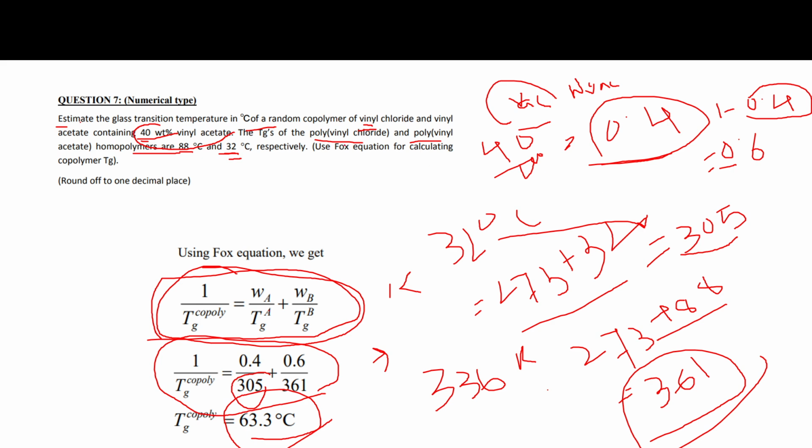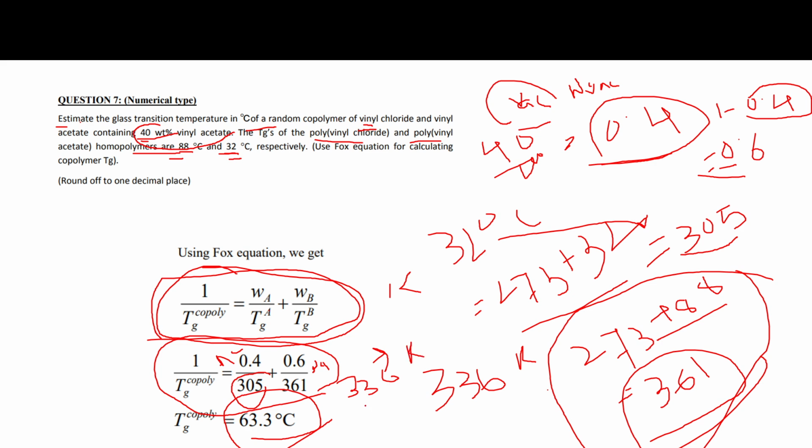The second one is vinyl chloride, which is 0.6 divided by its Tg, and in Kelvin scale it becomes 361. So 1 by Tg of copolymer equals 0.4 divided by 305 plus 0.6 divided by 361. This one is for the acetate and this one for the vinyl chloride. Then you get the temperature around 336 Kelvin.